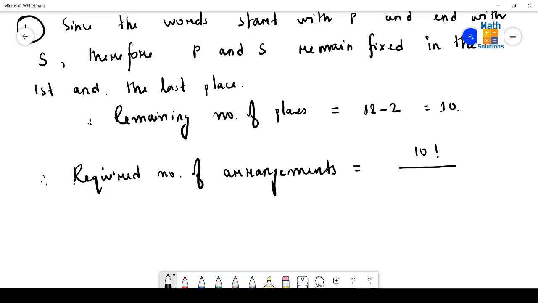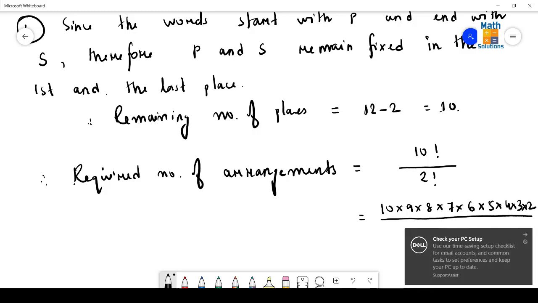That means T is occurring twice and the rest of the letters are all different. Therefore, in the denominator part, we have to write 2 factorial. So let us break it. 10 into 9 into 8 into 7 into 6 into 5 into 4 into 3 into 2. If we do not write 1, then also there is no problem.